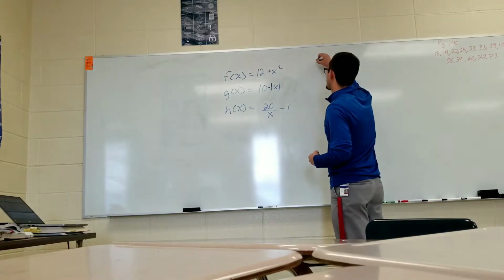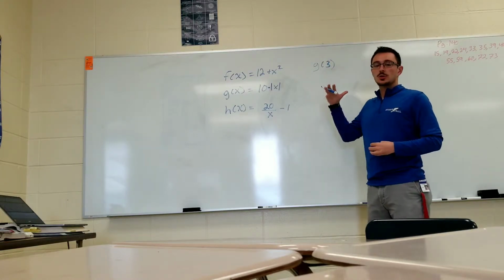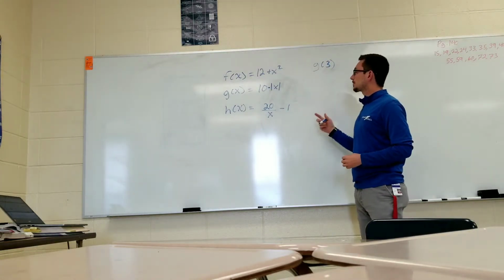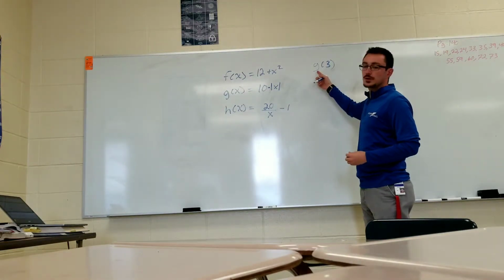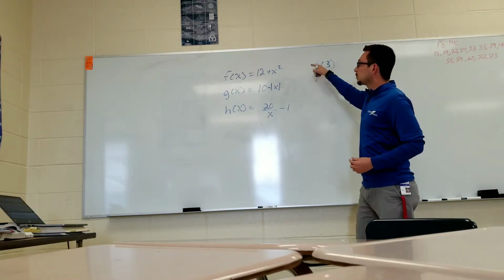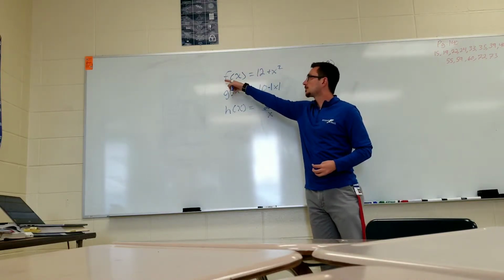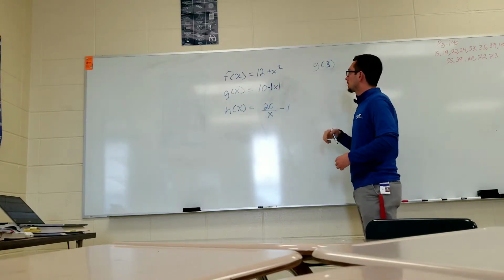Let's say the first thing that I'm going to try is g of 3. The thing I want to look for first is the letter out front, which tells me it's a function and also which specific function. So I know I can get rid of the f and the h for right now, and I'm only worried about this middle one.